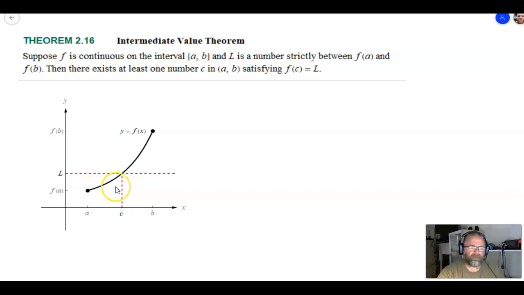So we can go from a to b, from the a endpoint to the b endpoint without lifting our pen. So that basically means that this function is continuous on this interval.